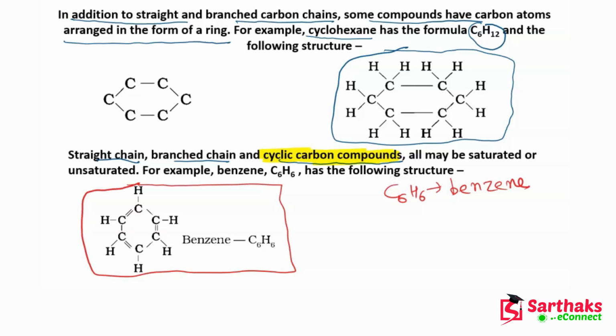Because there is a presence of double bonds as well. Here only single bonds are present, but here, because there are double bonds, this cyclic carbon compound is unsaturated. I hope this point is clear to you. If it is clear, let's move on to the next slide.